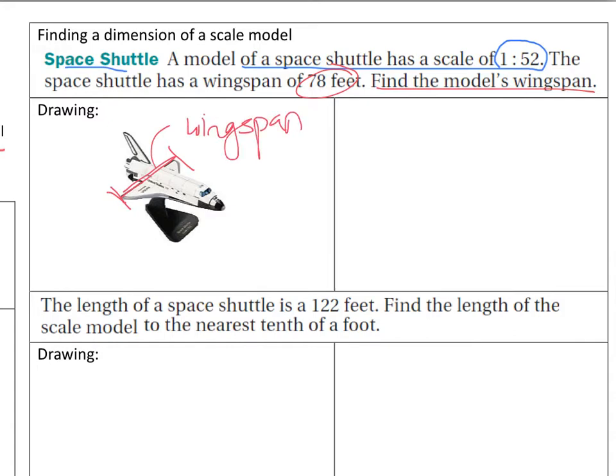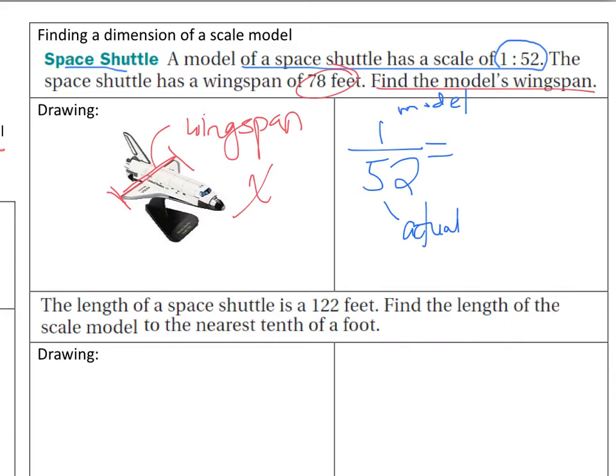So in order to find the model's wingspan, and let's let it be x, we need to set up a proportion. 1 to 52. So I know the 1 would indicate the model, 52 would indicate the actual length.